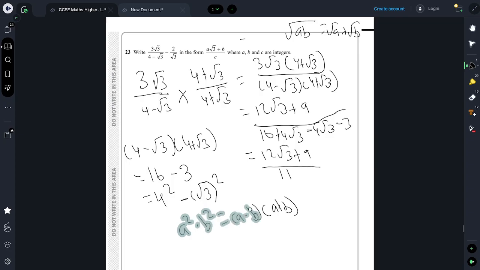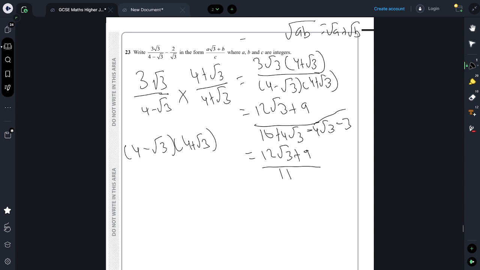Because we're squaring it. A square root squared, we get the number, right? Just 3. That is the idea behind this method here. You want to make sure that you get a difference of two squares to ensure that the square root gets rid of. And you can see that because the root parts cancel, and they will cancel every single time. But yeah, that's the idea behind the method.